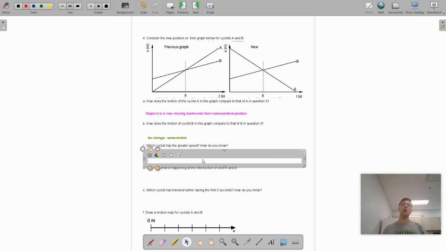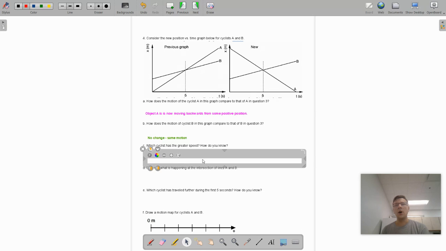And so the key here, because most people are going to answer B. Most people are going to answer B and say that it has a greater speed than A because B is a positive slope and A is a negative slope. The catch here is that it says the word speed. Speed does not care about direction, okay?